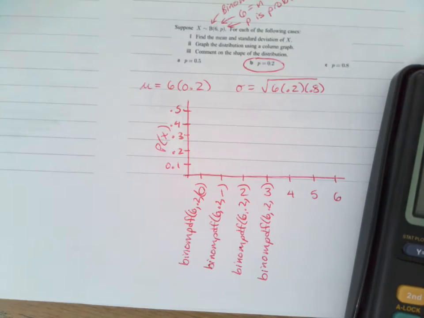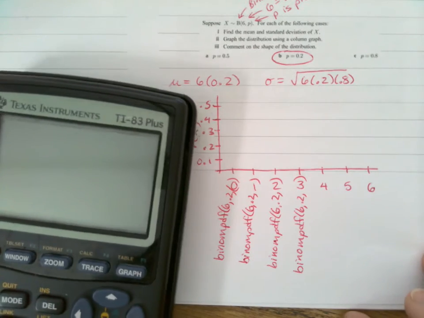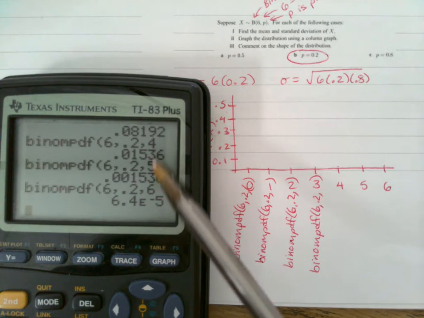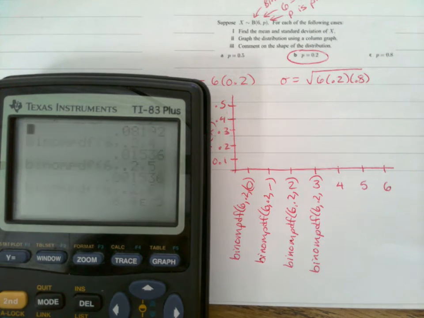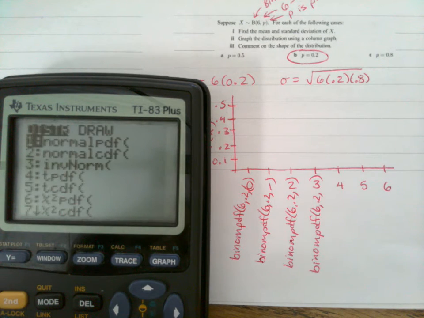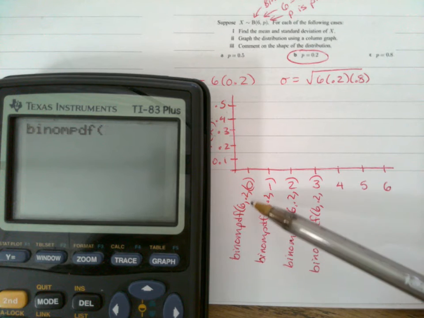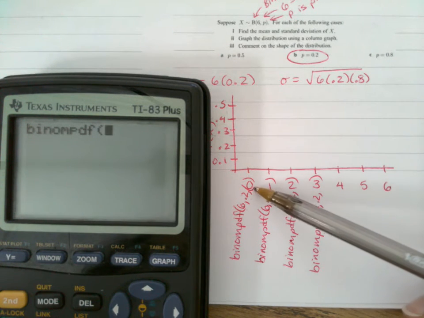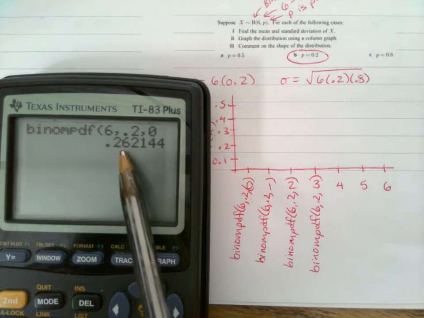So, basically, I'm going to go ahead and put them in my old TI-83. And I've already done this, so I'm just going to clear it and do it again. Second distribute, binompdf, and the probability from 6 trials with a 0.2 chance of success of getting 0 successes is 0.262.